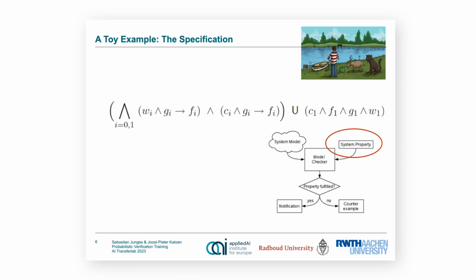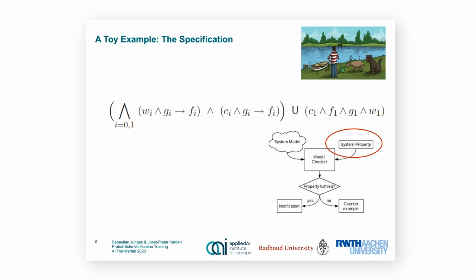And of course, we have the prerequisite that before this happens, if there is a wolf and a goat together, then there should also be the ferryman to separate them. And similarly, if there is the cabbage and the goat, there should also be the ferryman to separate them. So that's what is written down on the left. And basically, you're looking for a path that brings everybody to the other side of the riverbank while making sure that the goat and also the cabbage are not consumed on the way.